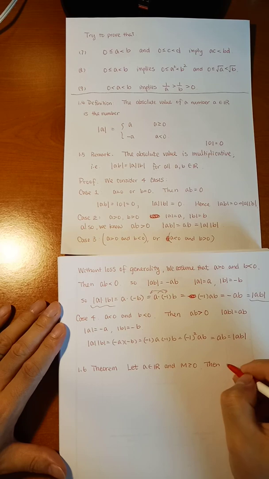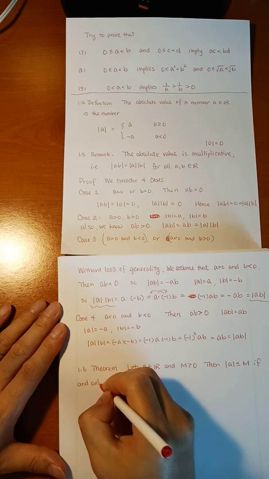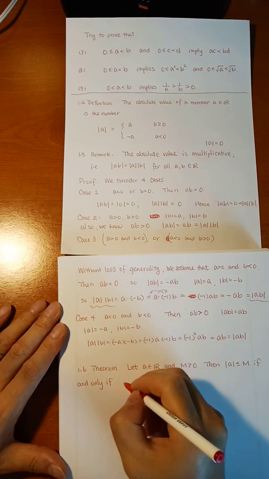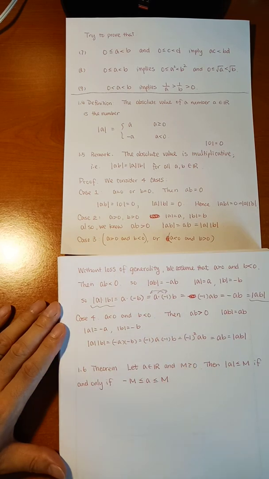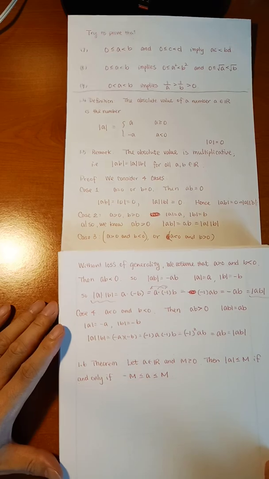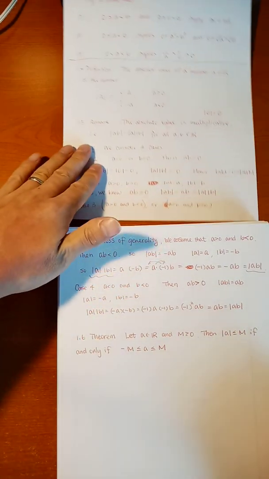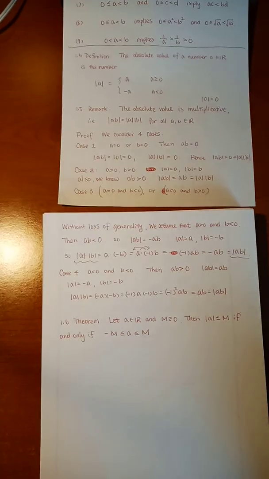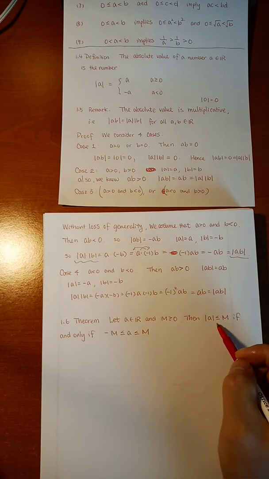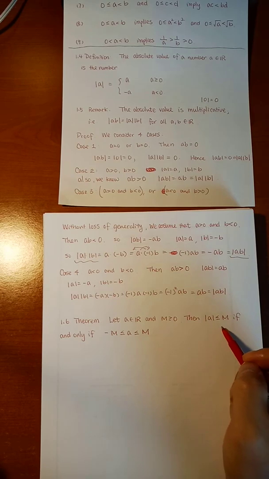Then absolute value of A is less than or equal to M if and only if negative M is less than or equal to A, less than or equal to M. Alright, so this is an if and only if. In the future, whenever you see if and only if proof, it means you're going to prove 2 directions. From one statement, you get the other one, and from the other statement, you get the original.